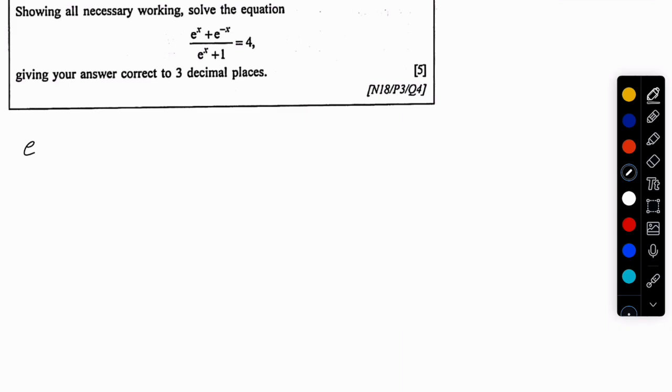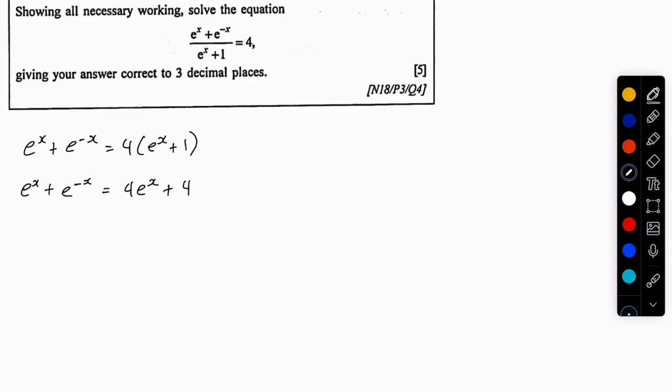So we're going to get e to the x plus e to the minus x, and that's going to equal 4 (e to the x plus 1), okay? Which means that e to the x plus e to the minus x is going to equal 4e to the x plus 4, okay? Brilliant.